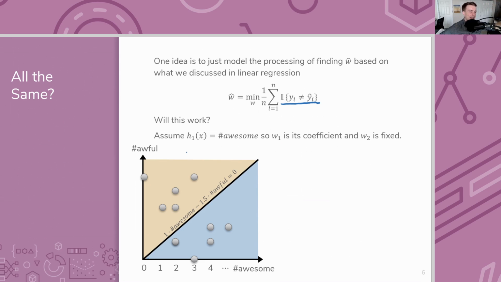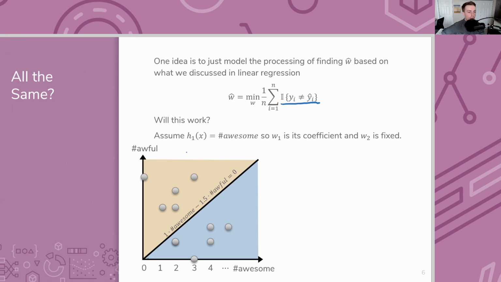Suppose W2 is fixed. I already know what that is. We're just going to say for simplicity, I'm just trying to search over the space of W1. It turns out that this quality metric, the classification error, is not a very nice function to optimize. In fact, it's very difficult to optimize because it's not continuous.